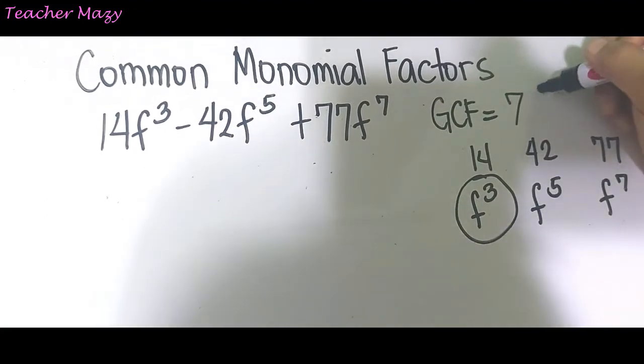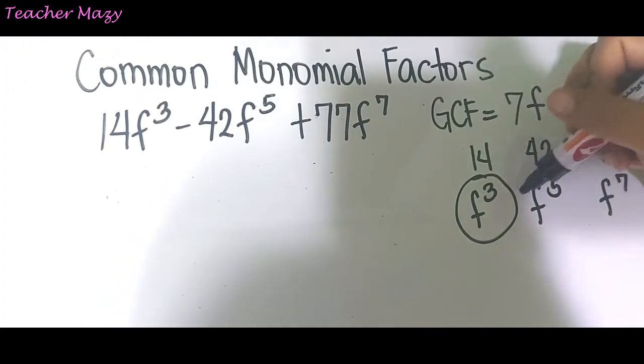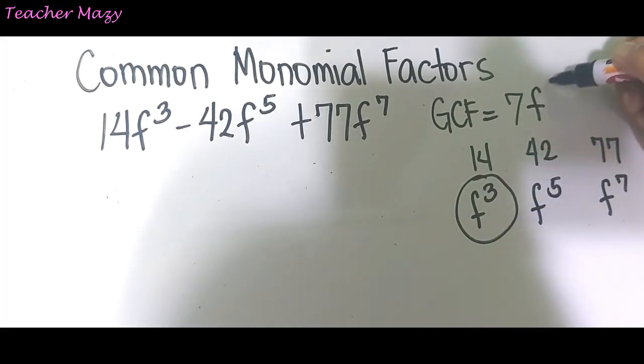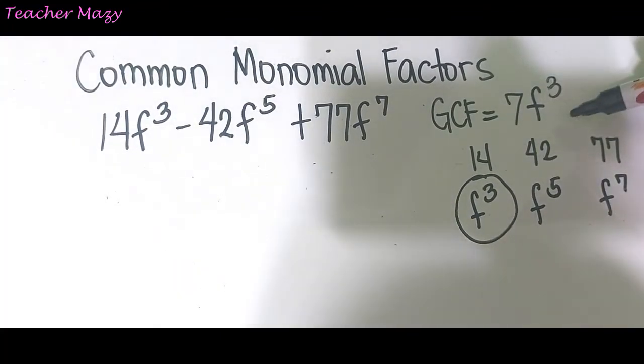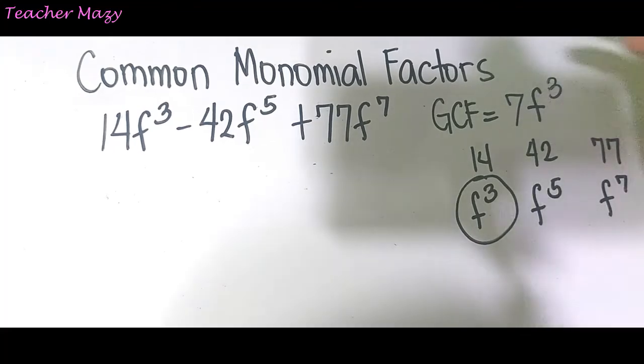So the greatest common factor for these three variables is f cubed. That means our greatest common factor, or GCF, is 7f cubed, and this will be our first factor.